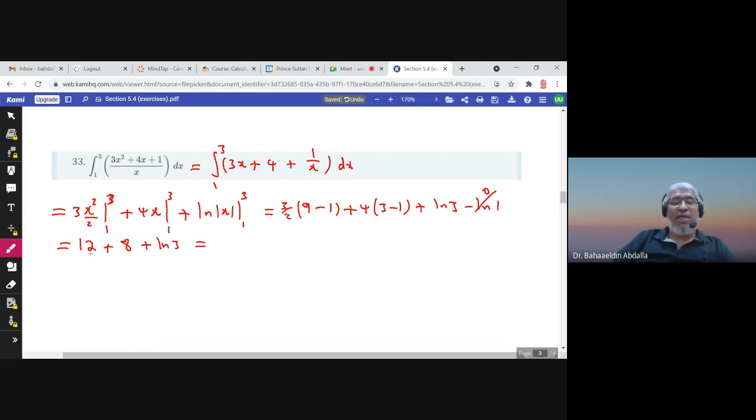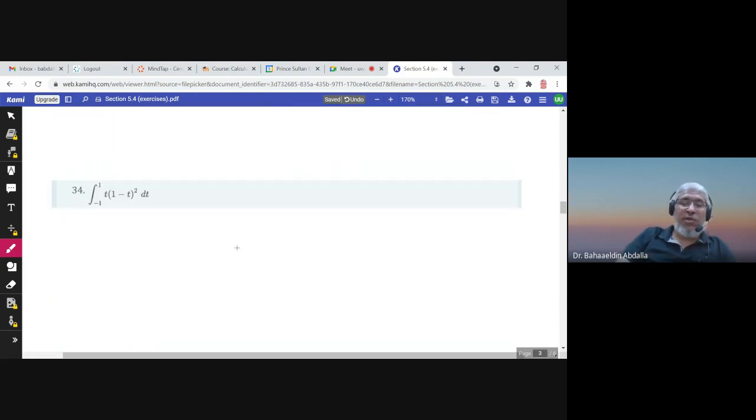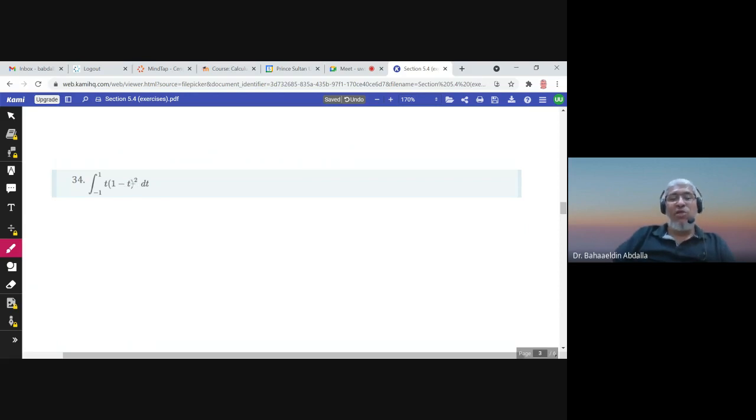So the exact answer would be 20 plus ln 3. That's the exact answer of this definite integral. I need to expand, square the binomial and multiply by the t.